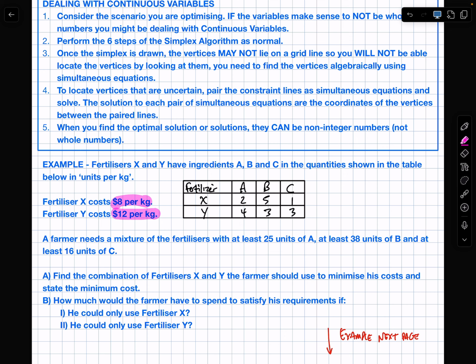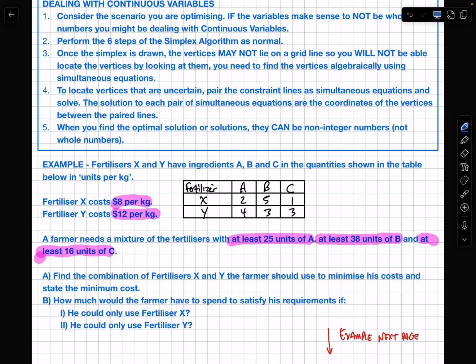We haven't got any info about constraints yet, but can you see in the next sentence, there's the words at least. So there's our constraints there. At least 25 units of A, at least 38 of B, and at least 16 units of C. So we already know, we've got a table written up for us.